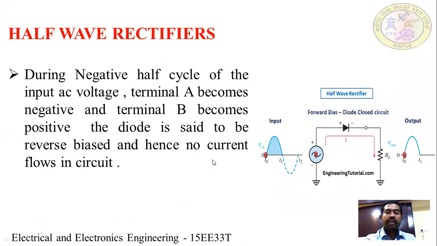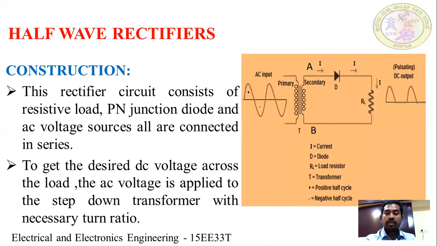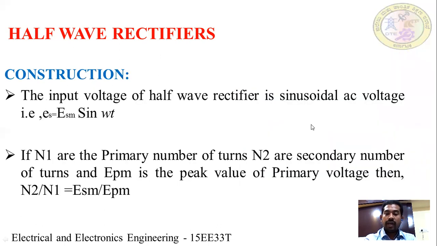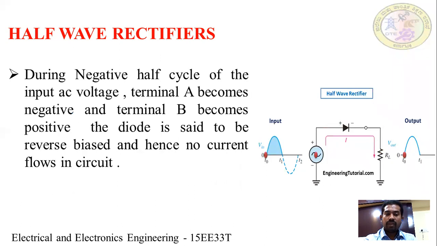During the negative half cycle of the input AC voltage, terminal A becomes negative and terminal B becomes positive. Hence, no current flows through the circuit because the diode is under reverse bias condition.